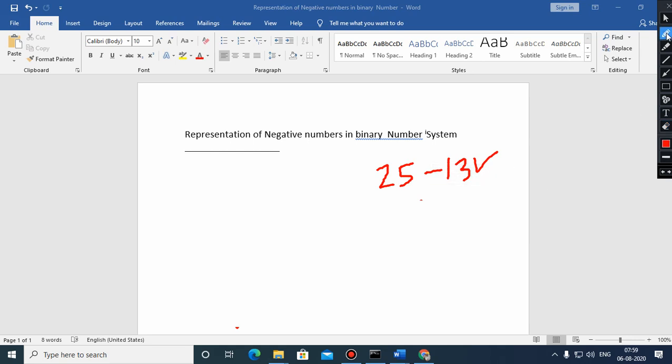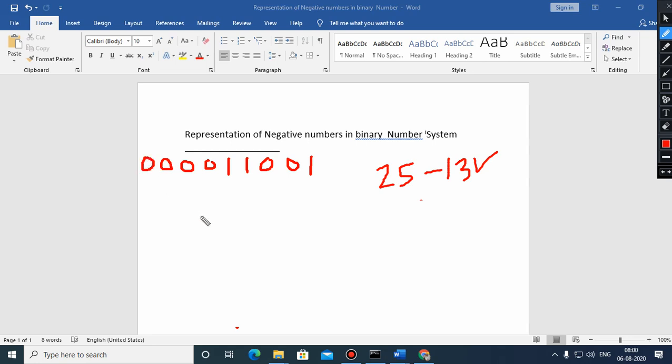Okay, so first of all, see how to represent 25. So that is 16, this is 8, 24, this is 4, this is 2, this is 1, which is 25, and three more binary bits are there, and here one extra bit is associated for the sign bit.